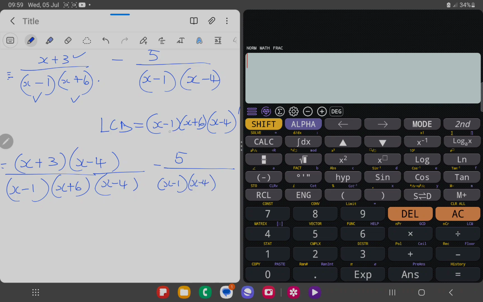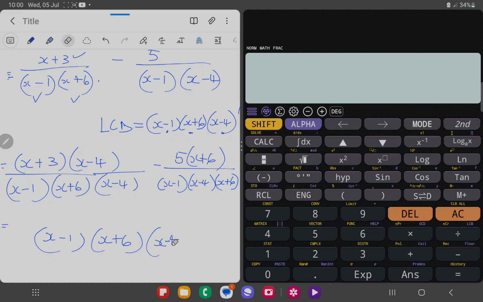So we've got x minus 1, we've got x minus 4. What is it that we don't have? It is x plus 6. If you multiply on the denominator, you must also multiply by this bracket x plus 6 on the numerator. So the LCD that we have is x minus 1, x plus 6, and x minus 4.